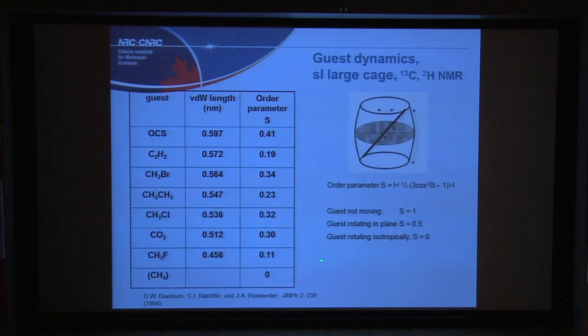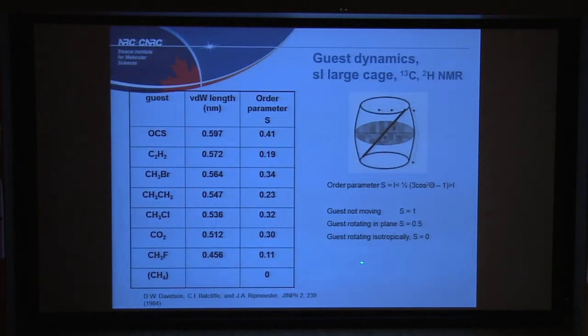For the smallest molecule, methyl fluoride, which is hardly a linear molecule, but we can still approximate it that way, the order parameter is 0.11, which means that the guest is getting much closer to isotropic rotation. And of course for methane, which is not a linear molecule at all, the order parameter is 0, and the molecule does indeed rotate isotropically.